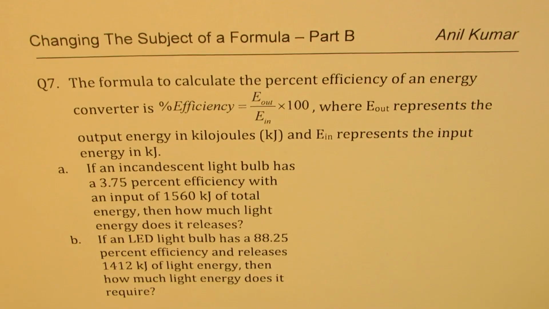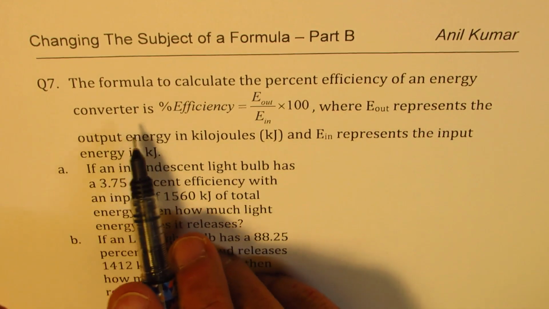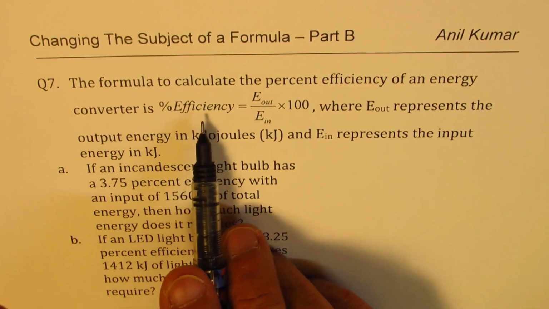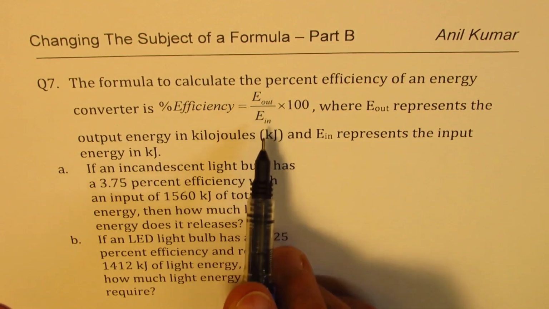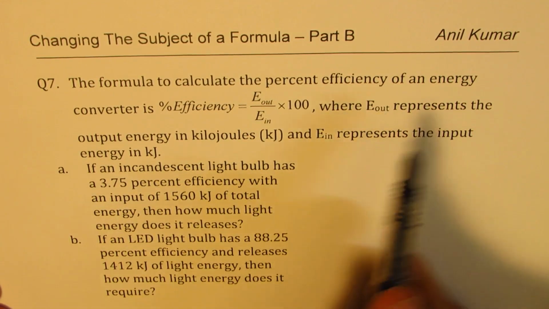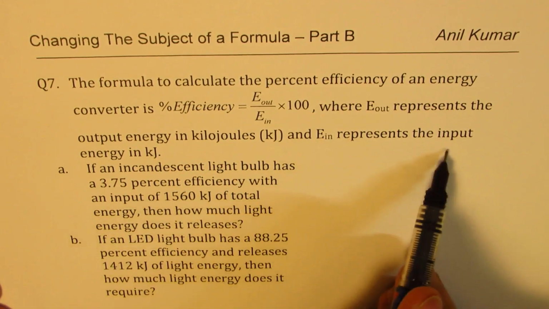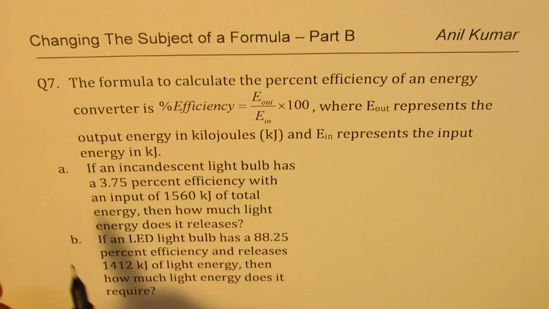Now let's take the next question, which is again based on formula. The formula to calculate the percent efficiency of an energy converter is percent efficiency equals E output over E input times 100, where E output represents the output energy in kilojoules and E input represents the input energy in kilojoules.